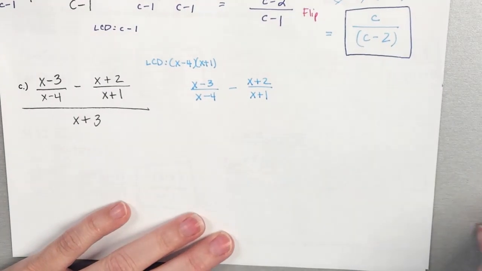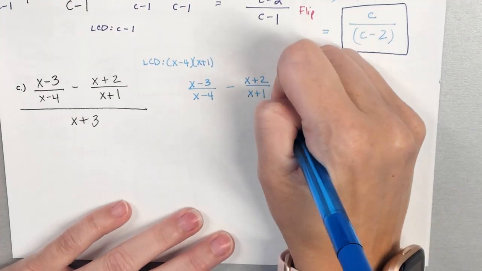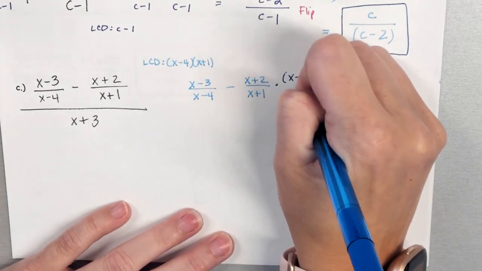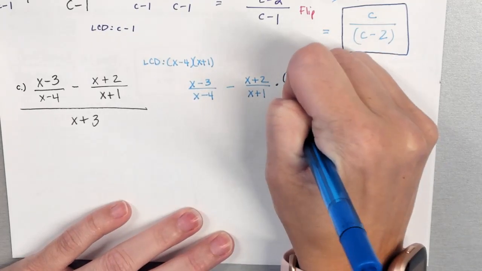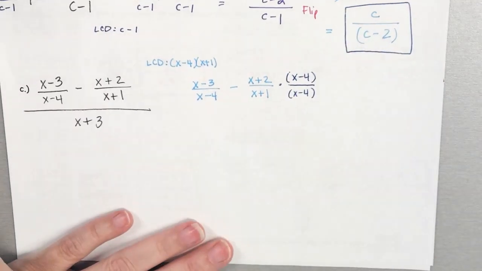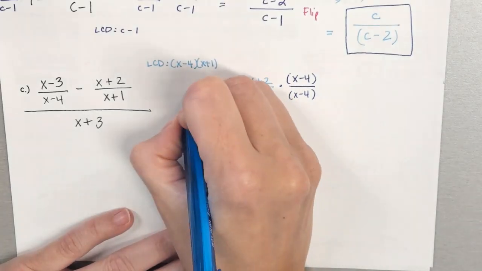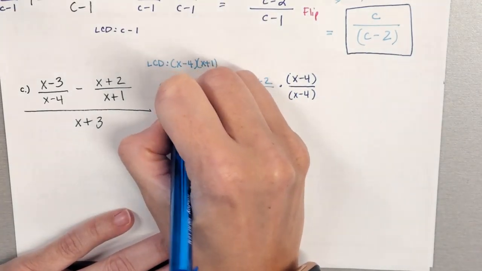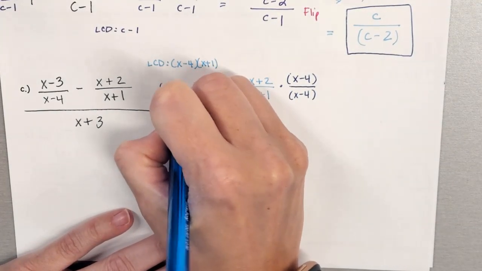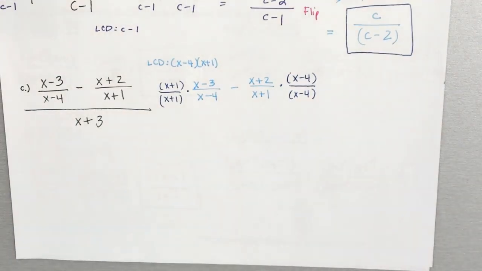So what this means is you would be multiplying the second term by x minus 4 over x minus 4, and you'd be multiplying the first term by x plus 1 over x plus 1. All right, so we're going to simplify that.